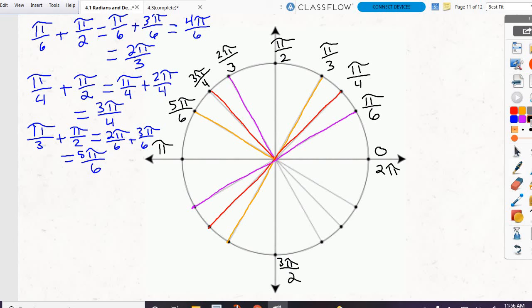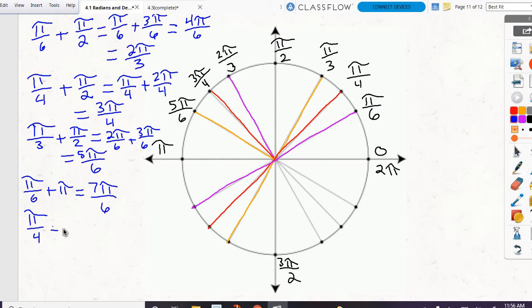So if I take, let's say, pi over 6 and add pi, what's our common denominator? 6. So this would become 6 pi over 6, so we get 7 pi over 6.